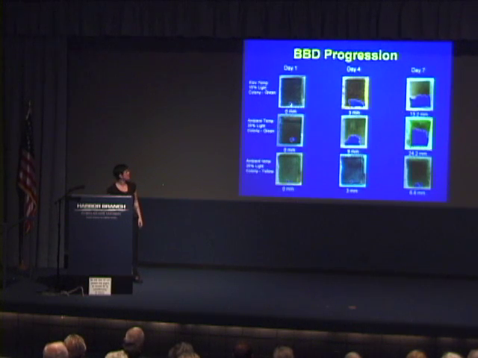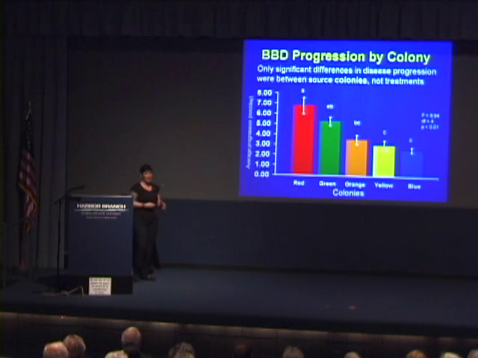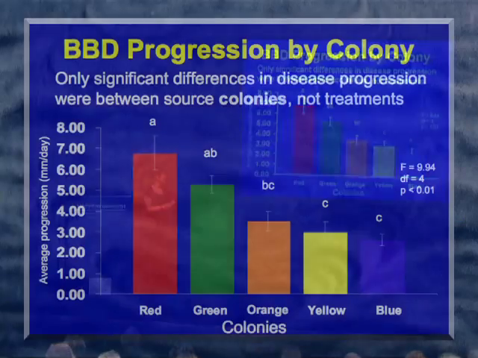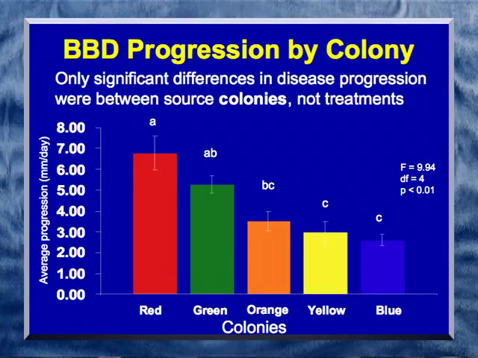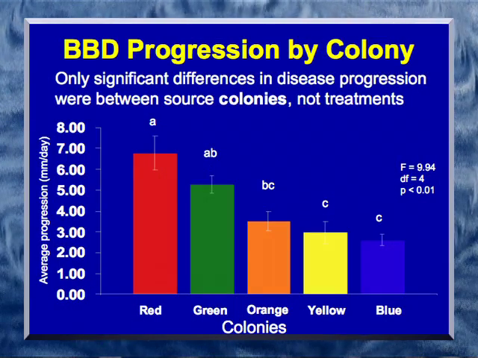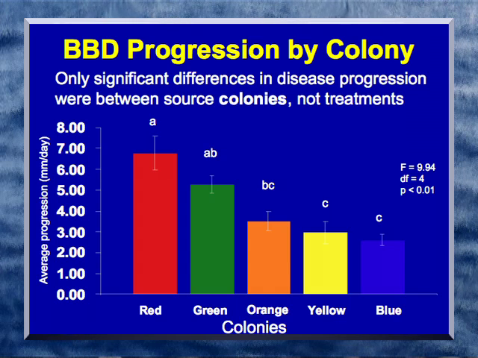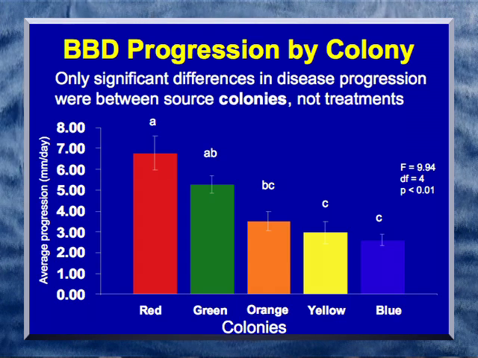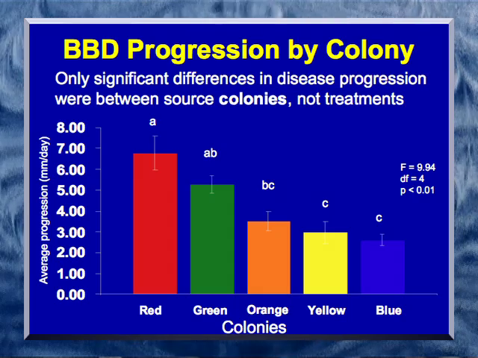So why is this? What's happening? Well, to our surprise, neither temperature nor light had any effect. There was no significant effect by either of those treatments. But what did have a significant effect or impact was which coral colony it came from. So all of these fragments were each from a different coral colony.